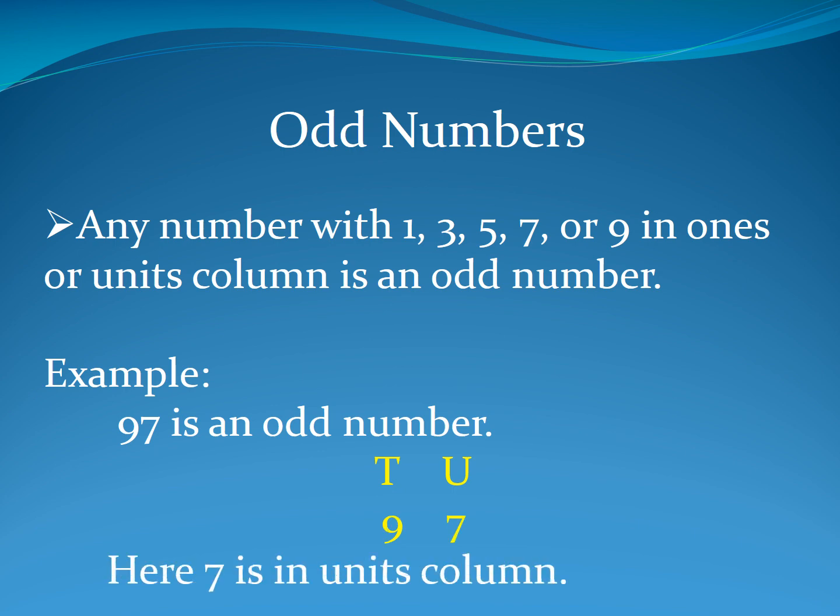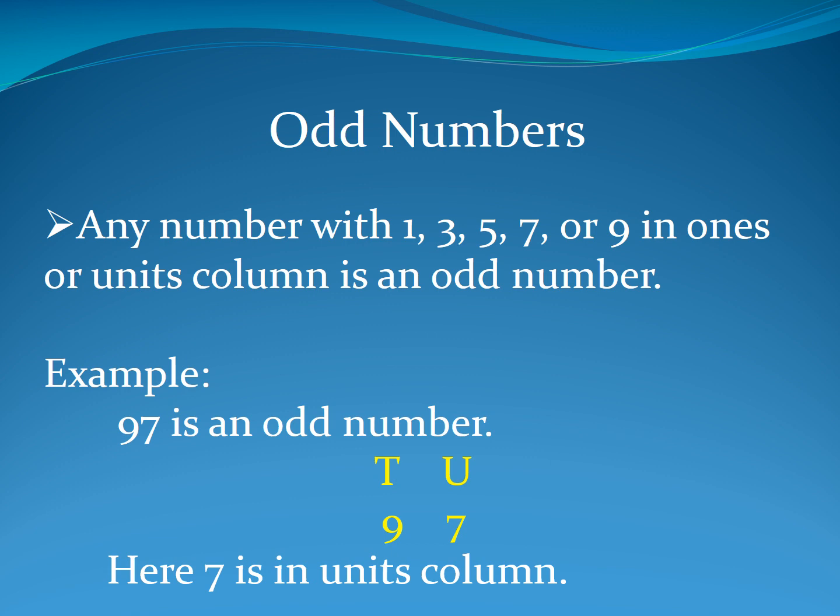Same as we have studied earlier in the case of even numbers, whenever we have a 2-digit, 3-digit, or any higher number, we can easily identify it as even or odd by looking at its units or ones column. Any number with 1, 3, 5, 7, or 9 in the ones or units column is an odd number.